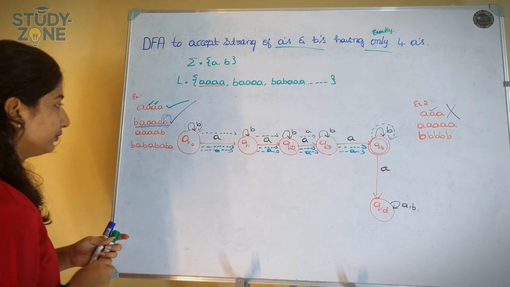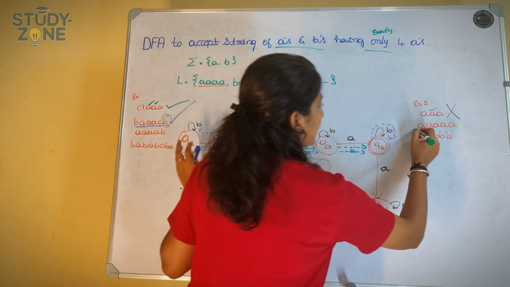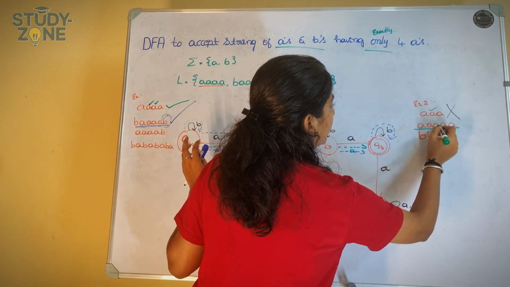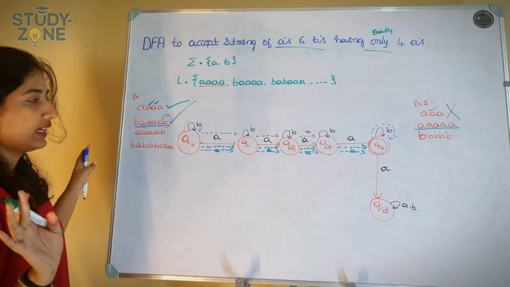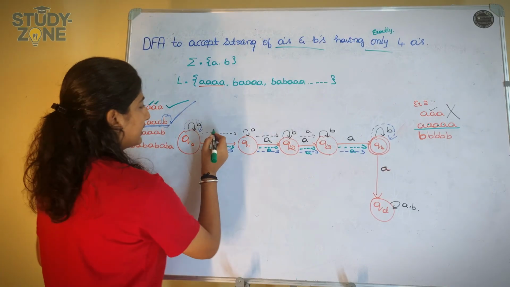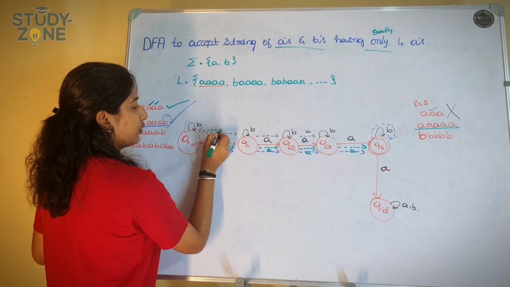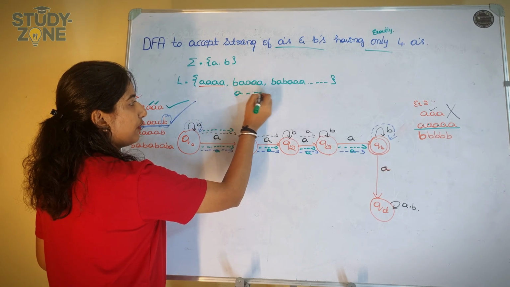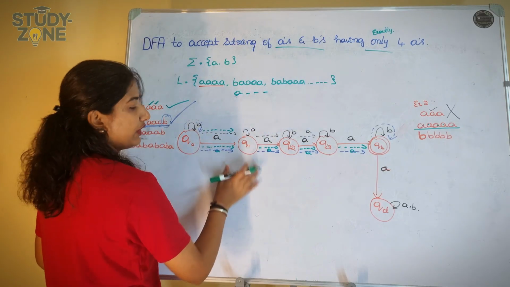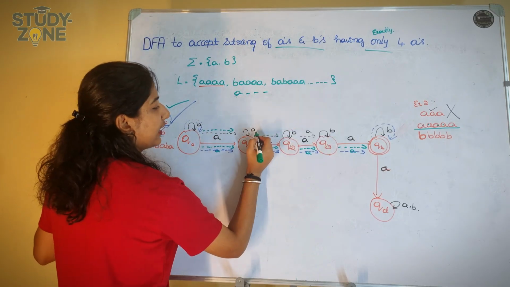Now I have this example, 5 A's, 1, 2, 3, 4, 5. So let's check whether it gets accepted or rejected, okay? So at first I have A. So move to the next state. 1 A is done. So I am waiting for 3 more A's. So I am moving to the next state and next A. Done.